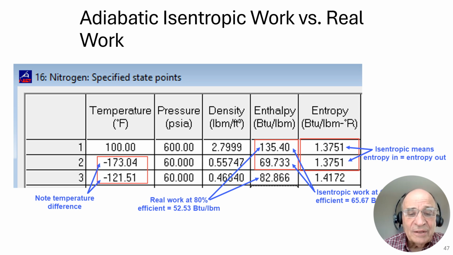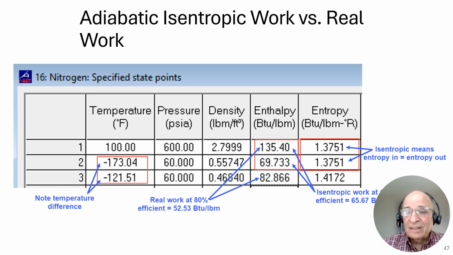So in this case, we start out with the gas coming into the expander with an enthalpy of 135.4. Now, the first thing we compute is the adiabatic isentropic. What does that mean? Adiabatic means no heat transfer.